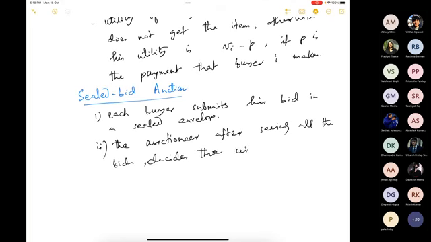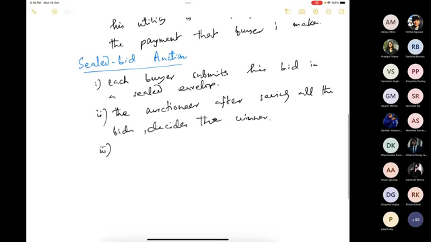The third step is payment: the auctioneer decides the selling price.